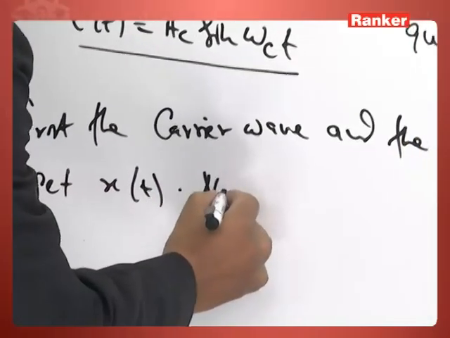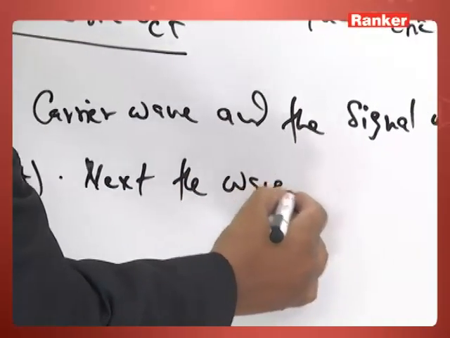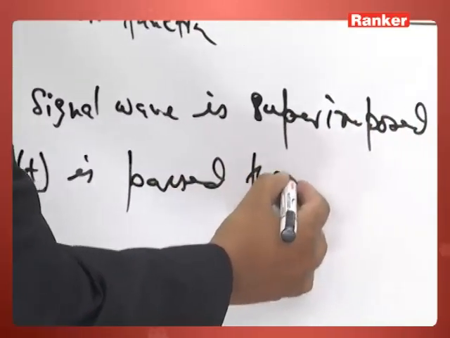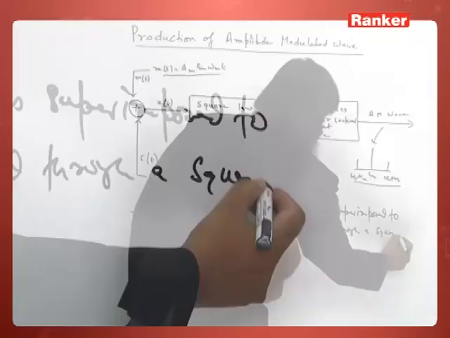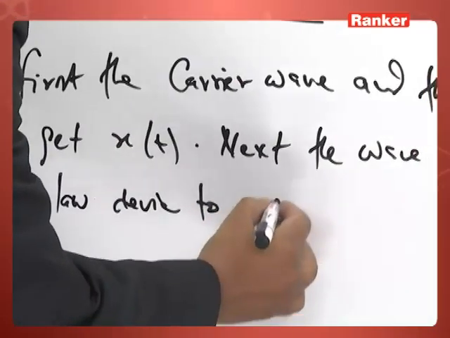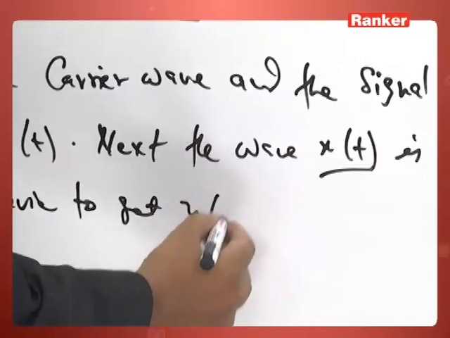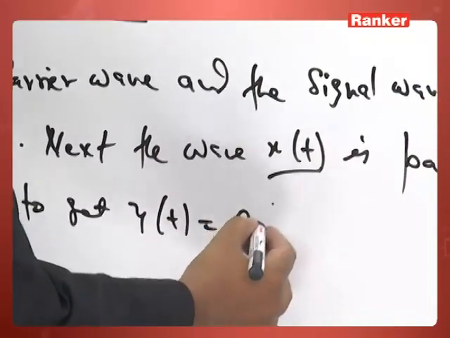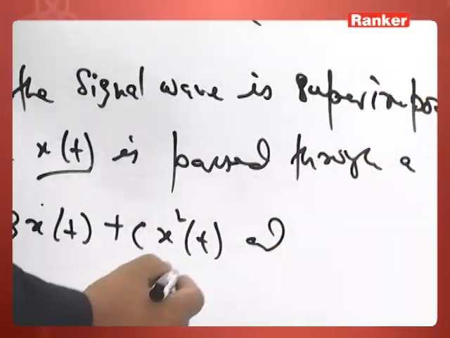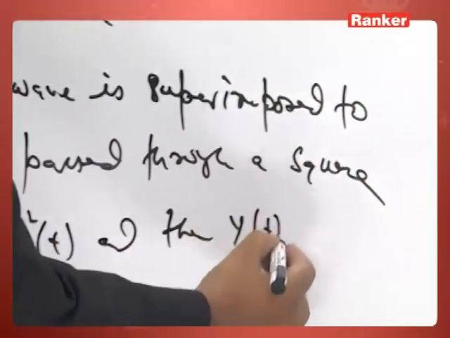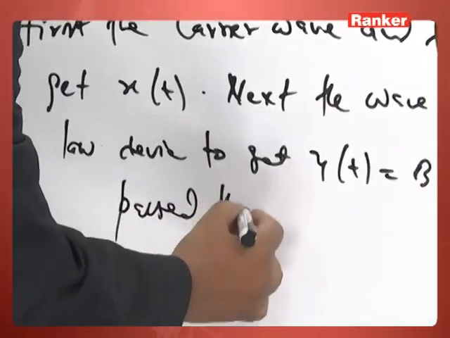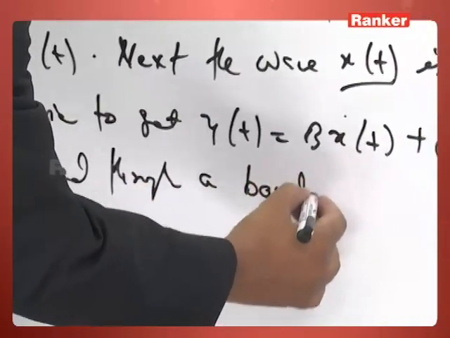Next step, the wave x(t) is passed through a square law device to get y(t), which is equal to b x(t) plus c x squared(t), and then y(t) is passed through a band pass filter.